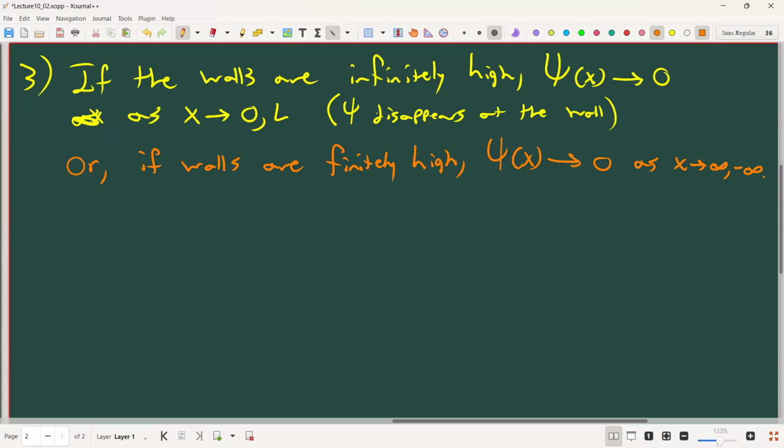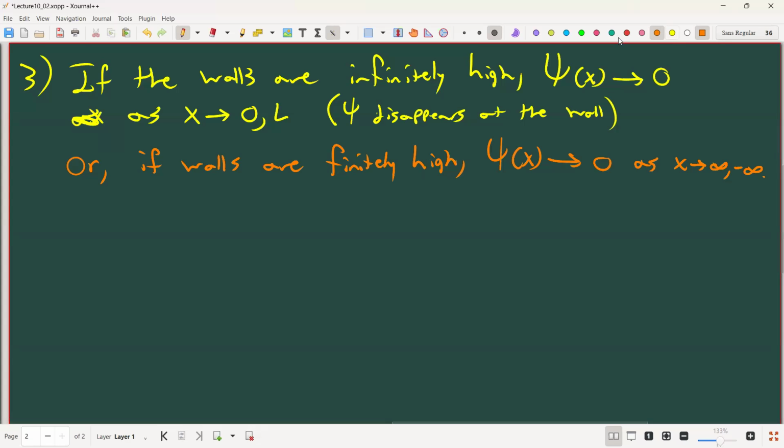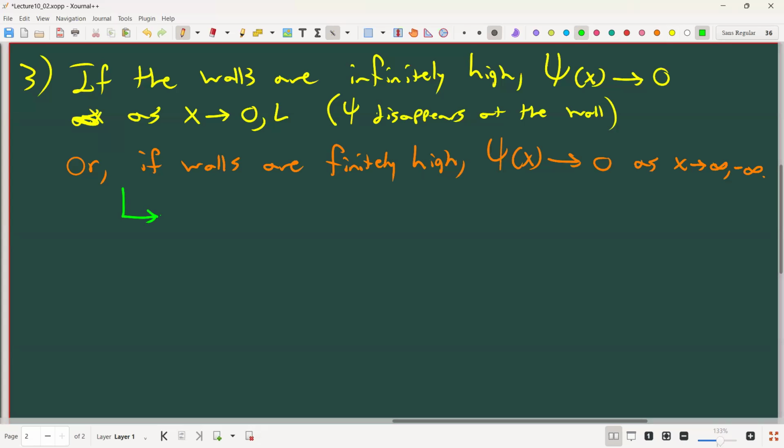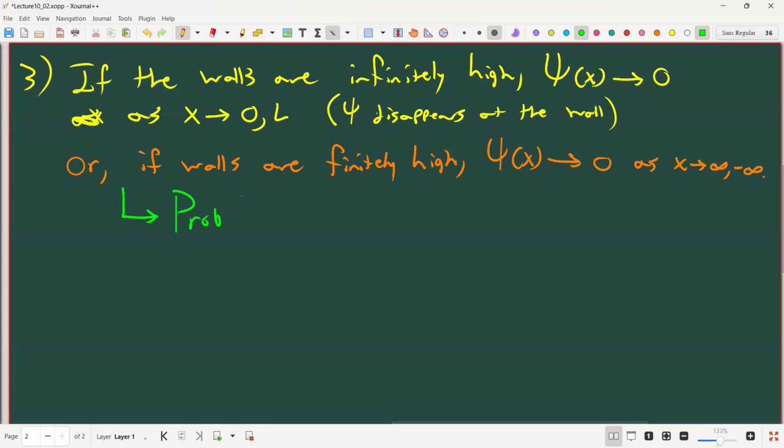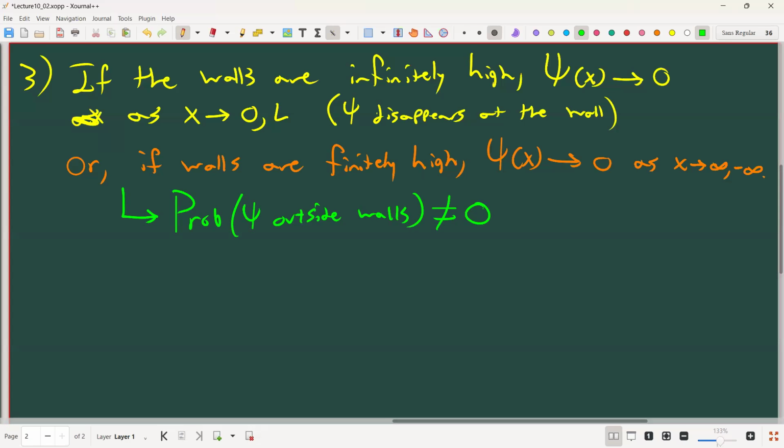And what that means is that there's always going to be some non-zero probability outside of the walls. It might be vanishingly small. It may be worth neglecting if the walls are high enough, but it's always non-zero. So the probability of psi outside the walls is not equal to 0. There's always some probability it will escape.